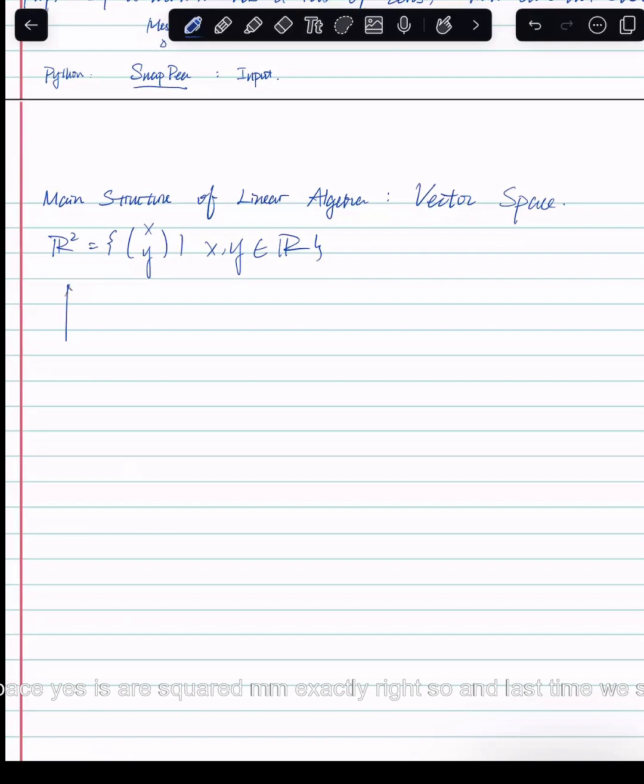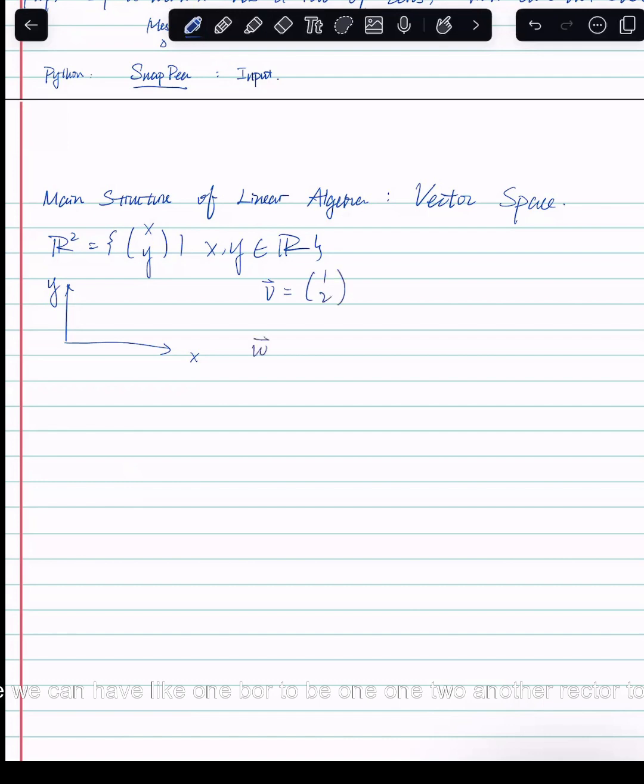And last time we saw an example of vector addition. So this is the x axis. This is the y axis. We can have one vector to be 1, 2, and another vector to be 3, 0. We can write it like 1, 2.